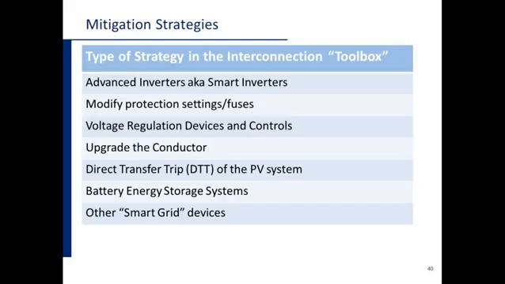We've got battery solutions listed, as well as other smart grid devices, which I won't dig into deeply at this point. Some of these solutions are inexpensive and others can be very expensive, and we certainly encourage utilities and policymakers to choose the solutions that are the most inexpensive.